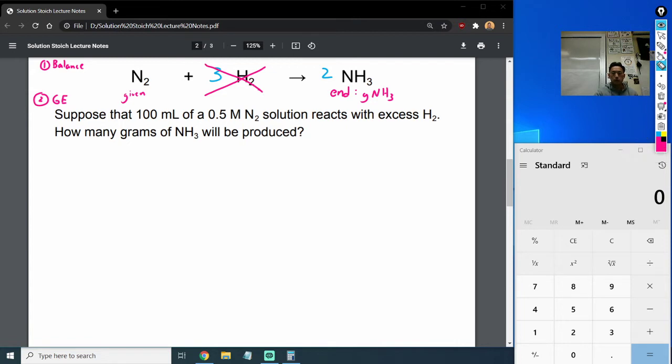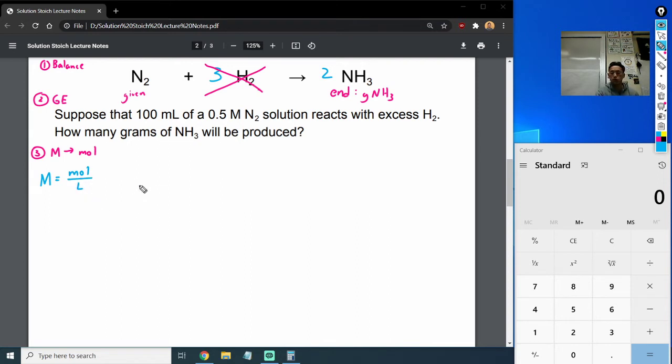Let's move on to step 3. Step 3 is where we're going to be using the molarity formula. So we're going to go from molarity to moles. For this step, we're going to have to use the molarity formula, and we know that the molarity formula is moles over liters.